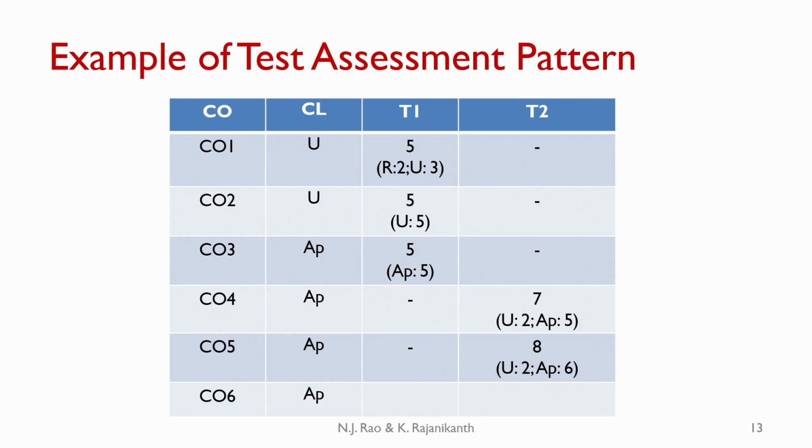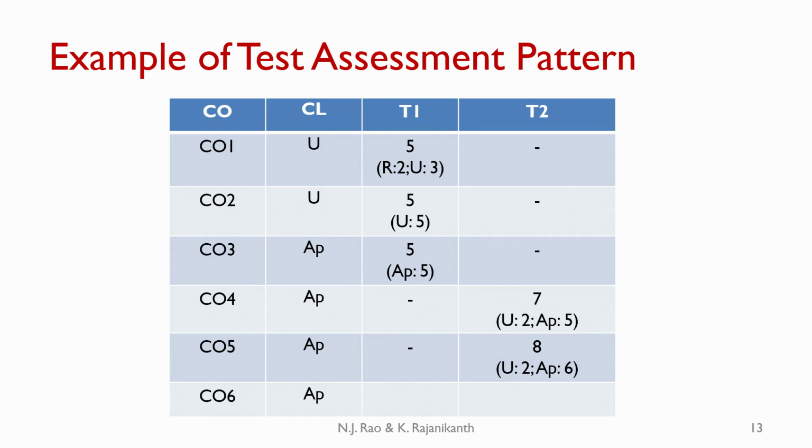The cognitive levels of the COs are also given in the table, and based on that in test 1 corresponding to CO1 we have questions worth 5 marks, corresponding to CO2 5 marks, corresponding to CO3 5 marks. That means, in this case the test is for 15 marks. Then corresponding to CO4 we have 7 marks in test 2 and 8 marks corresponding to CO5.